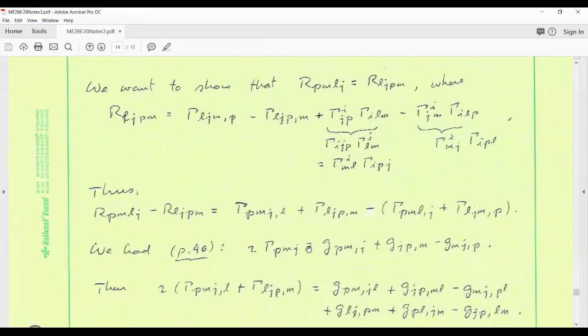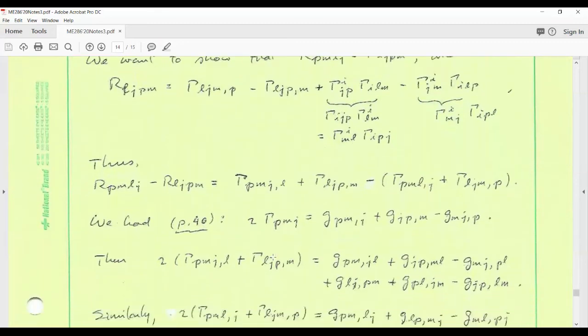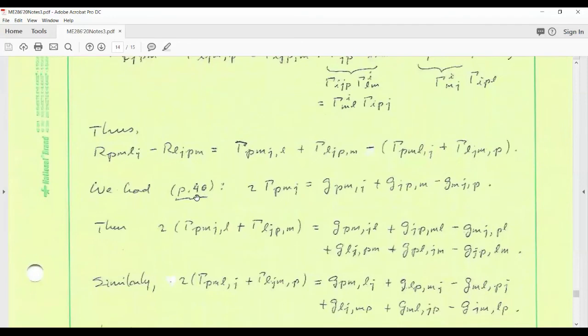But let's go back to our Levi-Civita connection. If you look at page 40 in the notes, I rely on you to go back to that page on your own, since you have the notes. I need these combinations of derivatives. I can start from the fact that 2 times the index lowered gammas are equal to these.